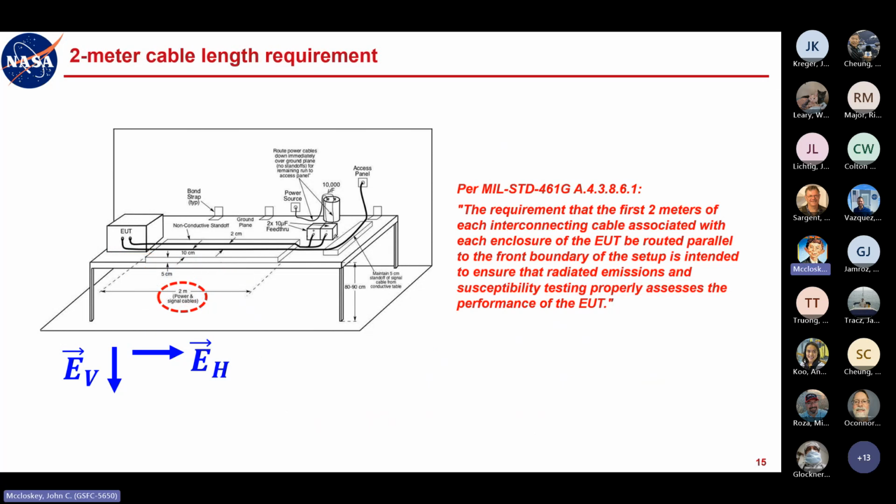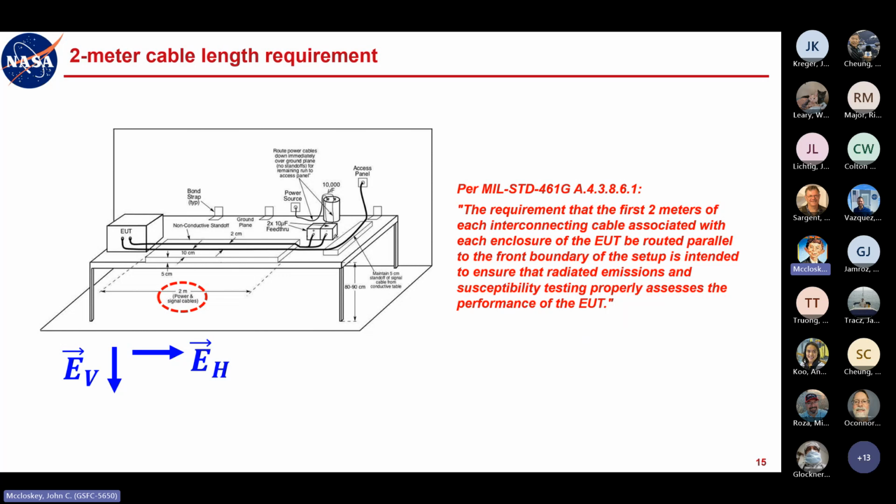Then here's this statement from the MIL standard. The requirement that the first 2 meters of each interconnecting cable associated with each enclosure of the EUT be routed parallel to the front boundary of the test setup is intended to ensure that radiated emissions and susceptibility testing properly assesses the performance of the EUT. So again, chapter and verse in the MIL standard.